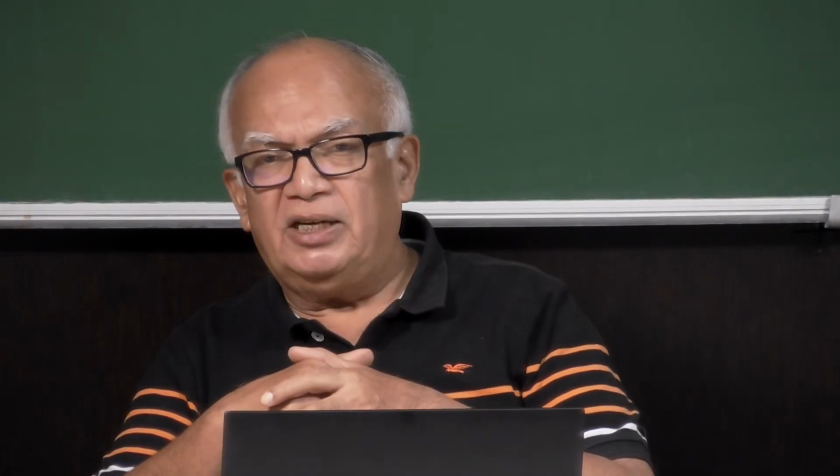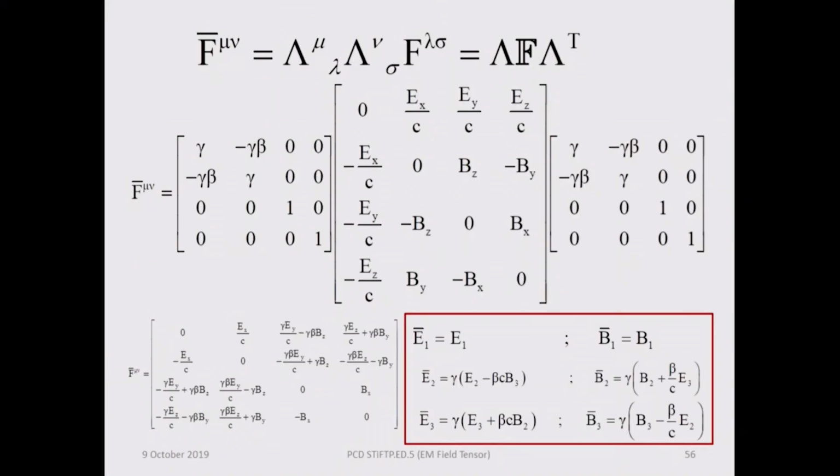It will take you maybe 10 minutes to do it and another 5 minutes to fix the careless mistakes. So, a total of 15 minutes is what I would give. You work this out, all right, as homework, and you will find that the components of the electric and magnetic fields transform according to this, and this to me is a real statement of the unity of electric field and magnetic field.